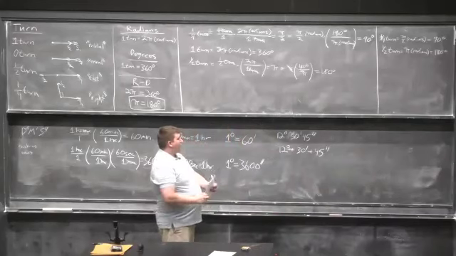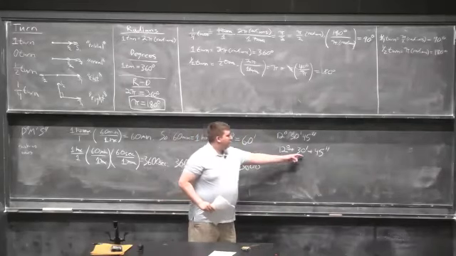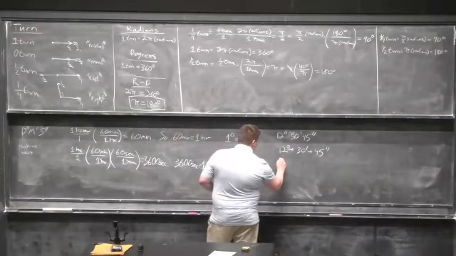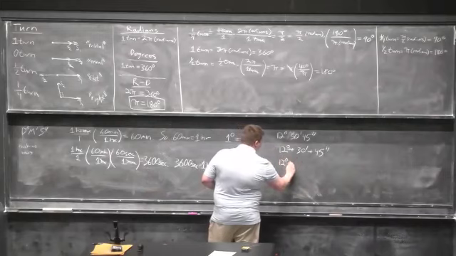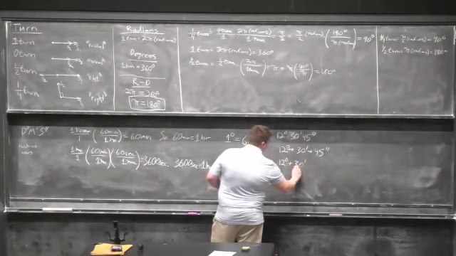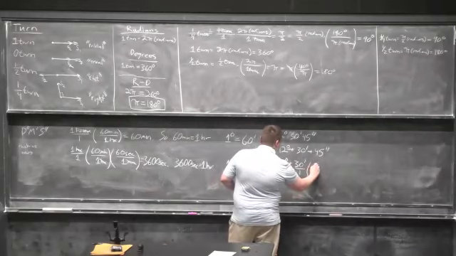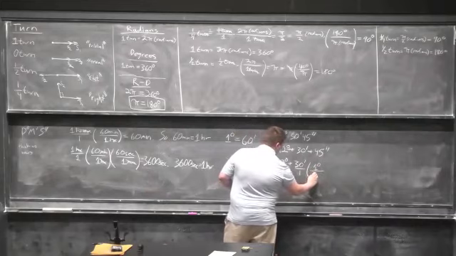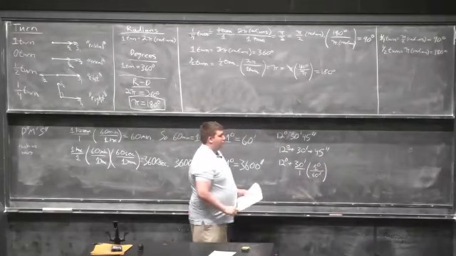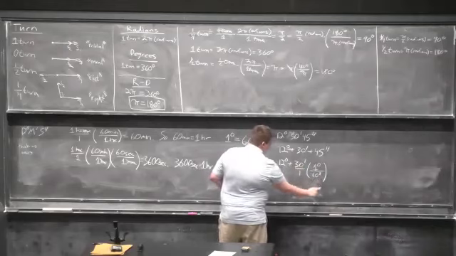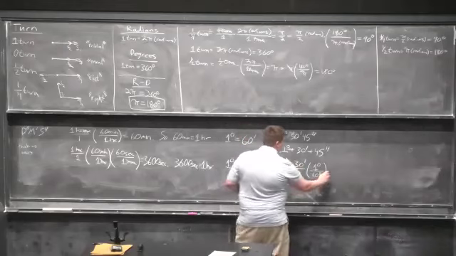Okay, well, how do we go from minutes to degrees? Well, we're going to have 12 degrees plus 30 minutes over 1 times, for every degree, we have 60 minutes. Minutes will cancel, leaving us with just degrees.